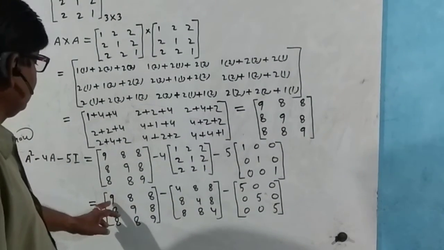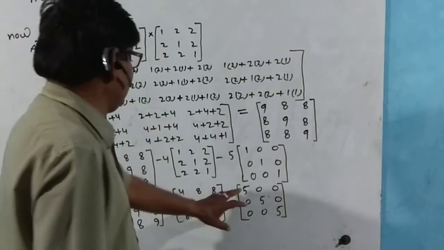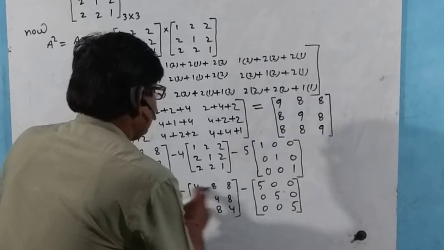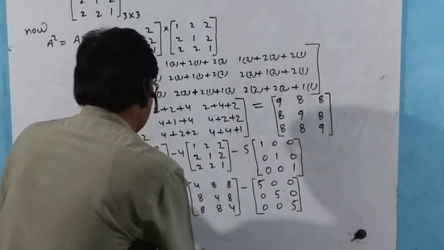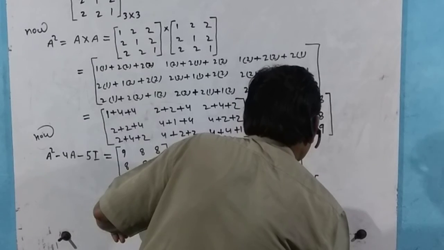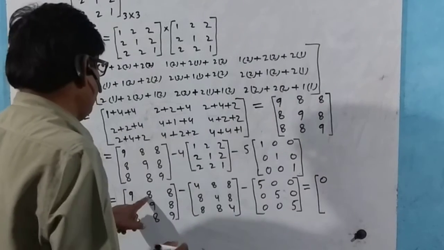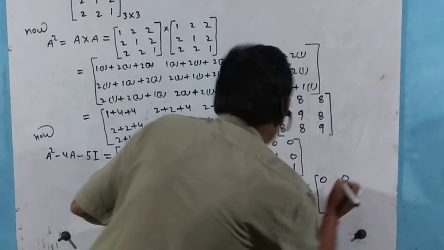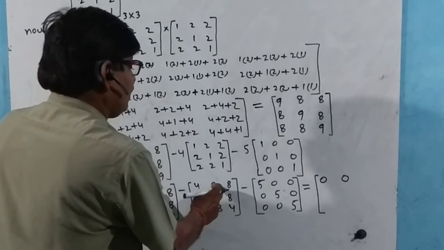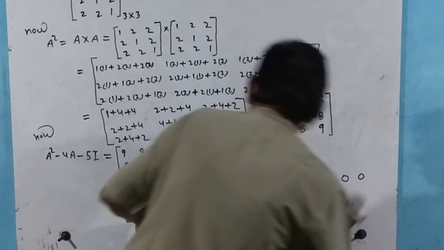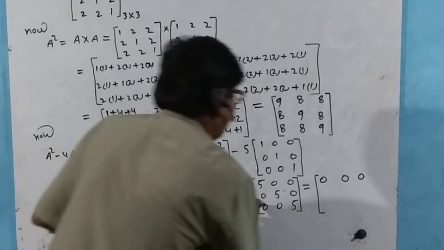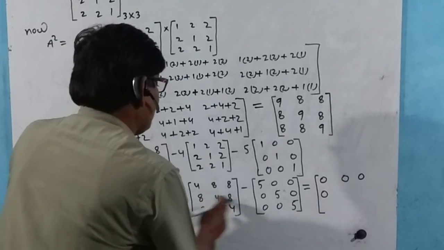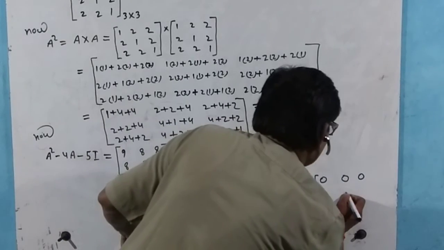Now here in this case the matrix is negative, so we subtract each element: 9 minus 4 minus 5 minus 9 equal to 0.